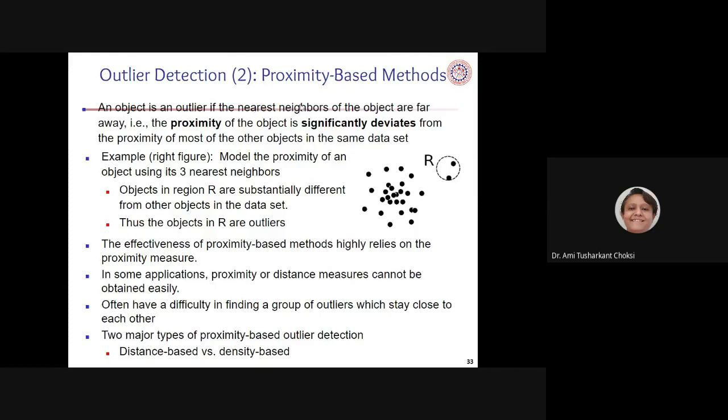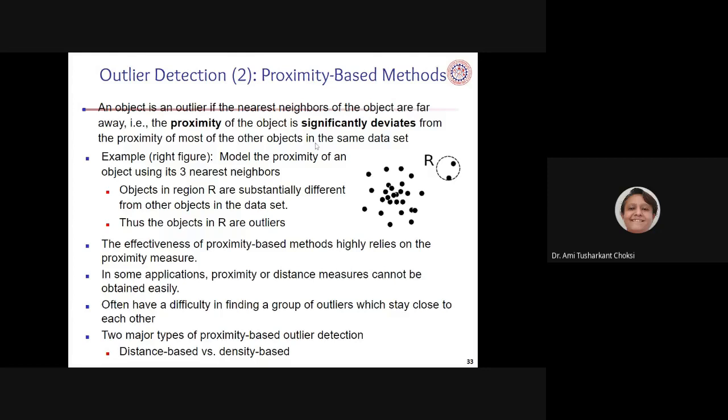Nearest neighbors, right? If the nearest neighbors of the object are far away, that means the proximity of the object significantly deviates from the proximity of most other objects, right?